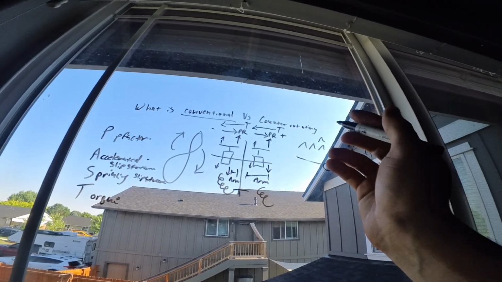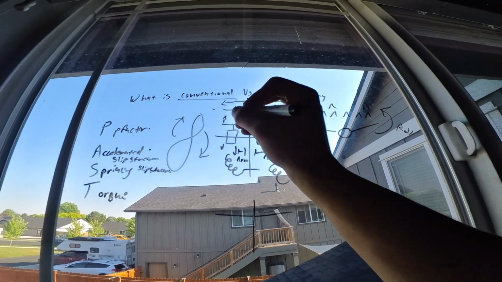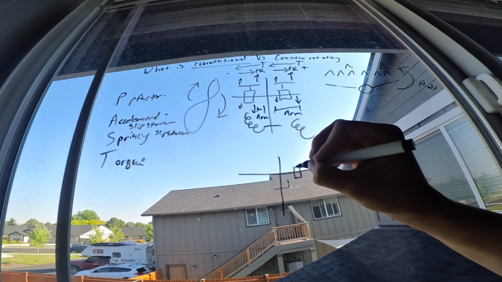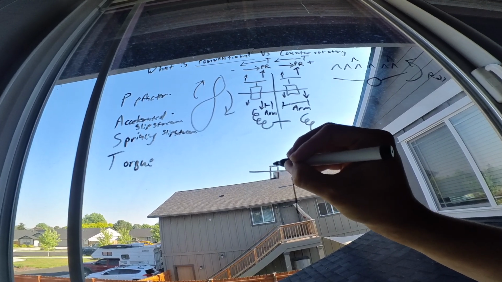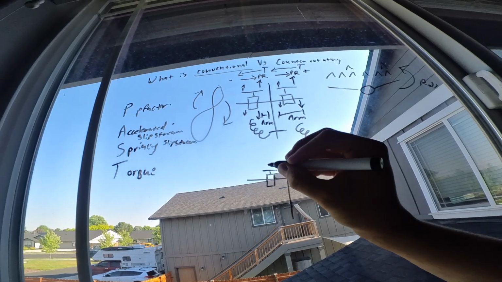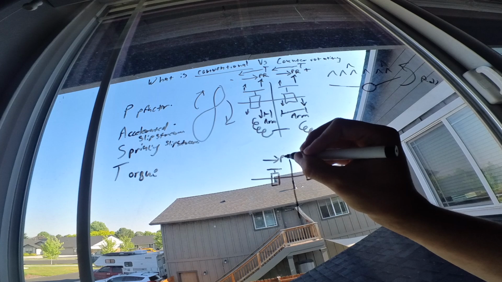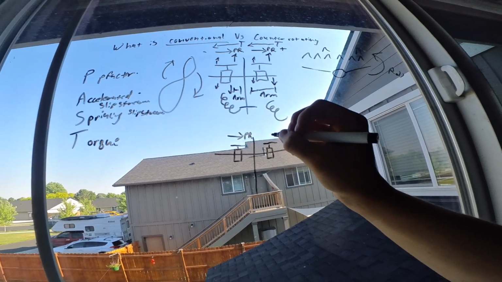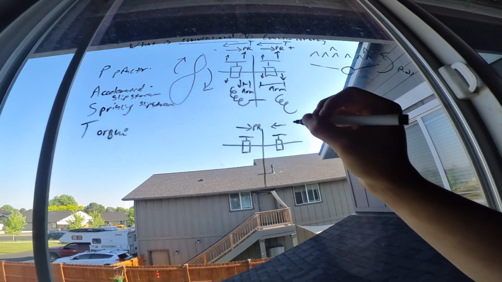So let's go over the counter-rotating real quick. If we have all these negatives with the conventional, what does the counter-rotating do? Well, just like the conventional, it also has a downward moving blade on the left engine. So the propeller rotation is going to be on the left, while the right engine has a downward moving blade to the left.